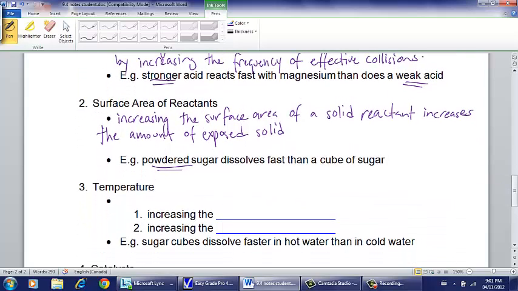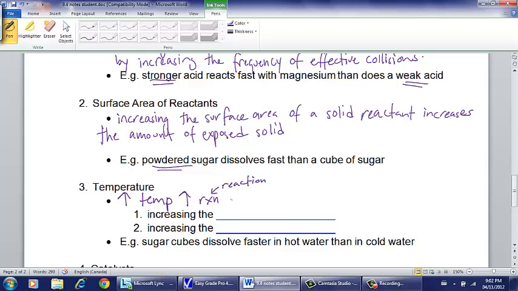Next factor we're looking at is temperature. Most reactions have a higher rate of reaction at a higher temperature. For example, hamburgers are going to cook faster if the pan is hotter. So if you increase temperature, you increase reaction rate 2 ways.